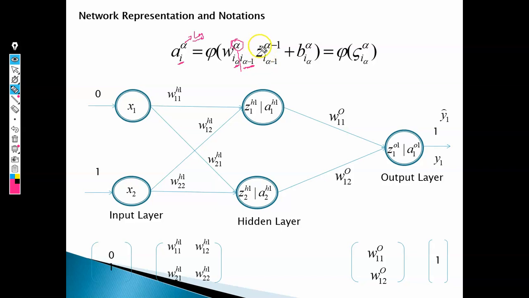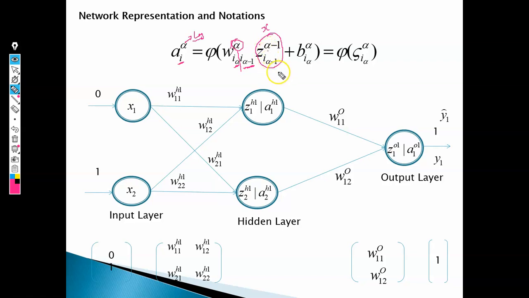This is the transfer function. This is also the same way. Here, this is the input if it is the first hidden layer. Afterwards, this is the previous layer's output.